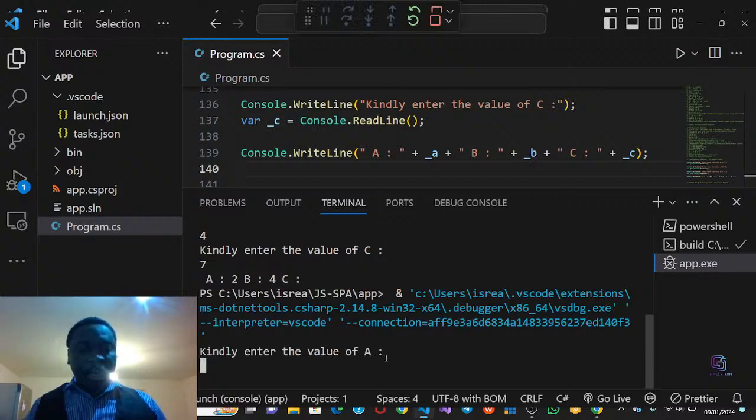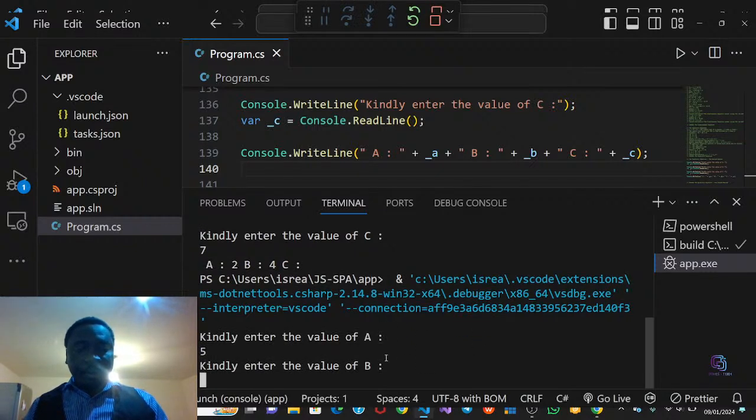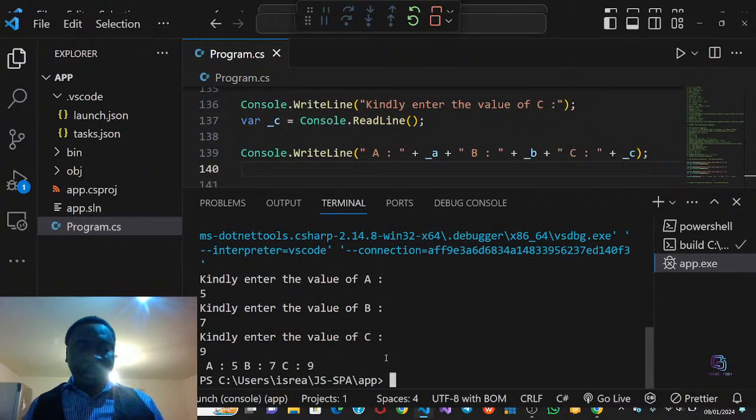So enter the value. A is 5, 7, 9. So can you see A is 5, B is 7, C is 9.